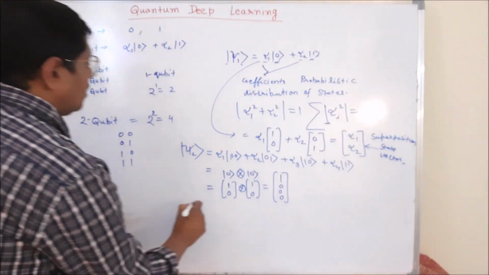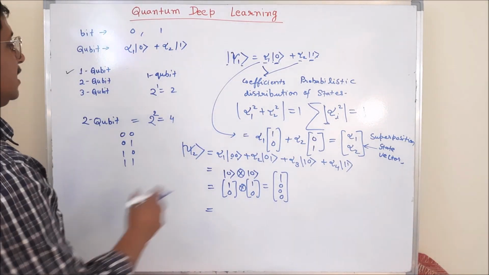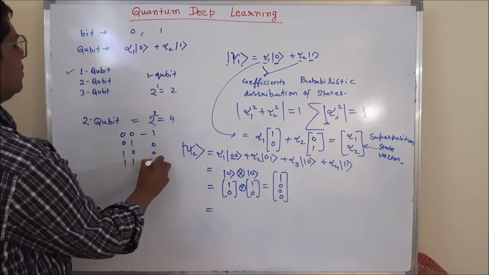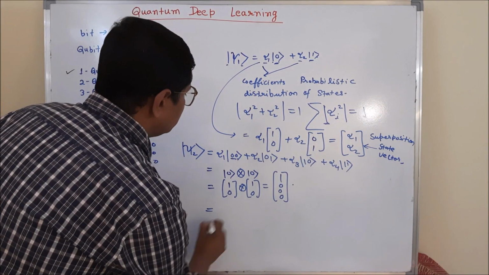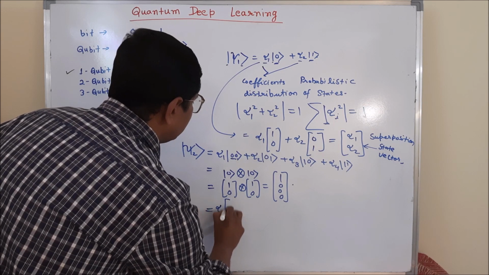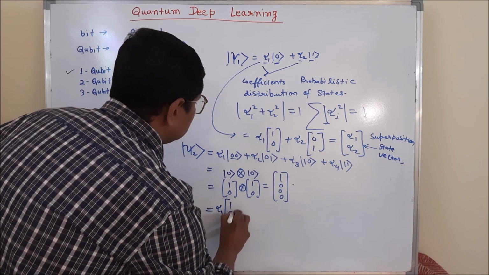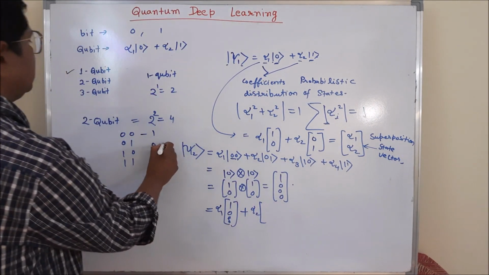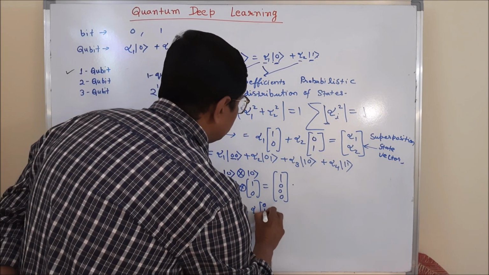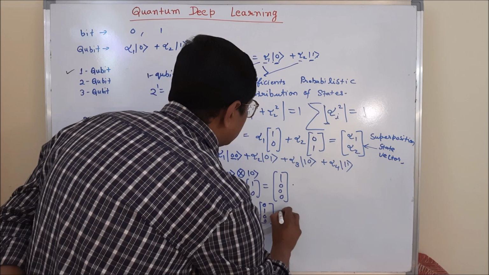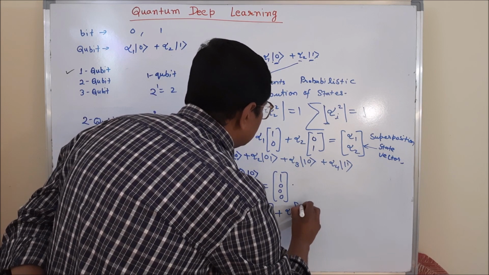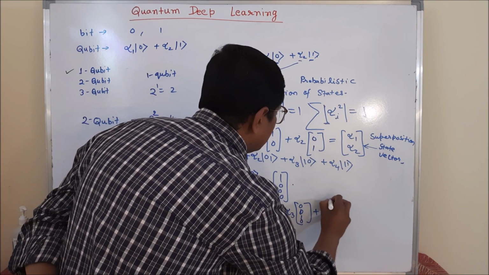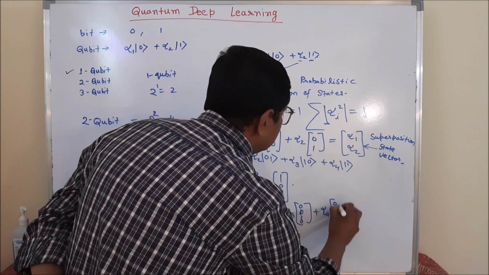Now the next thing is you can connect it with one hot encoding. Very simple. Take the state 00, it is here, so here it will be 1, other places will be 0. So this is the same thing we got, so we can write it like 1 0 0 0 plus alpha 2, again for 01, here it will be 1, so 0 1 0 0, again alpha 3 0 0 1 0, and for alpha 4 it will be 0 0 0 1.